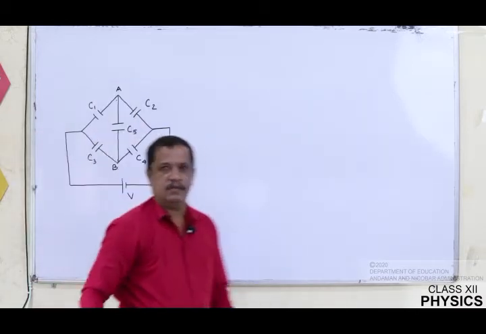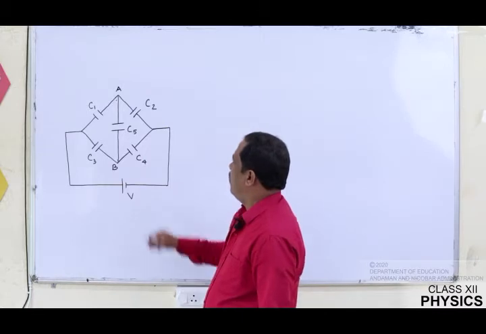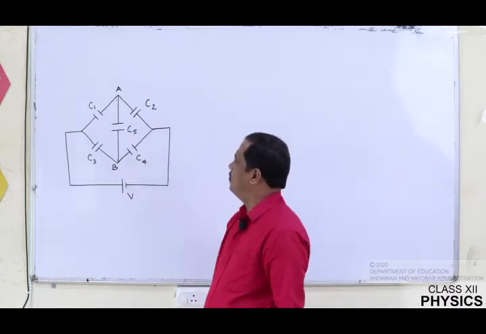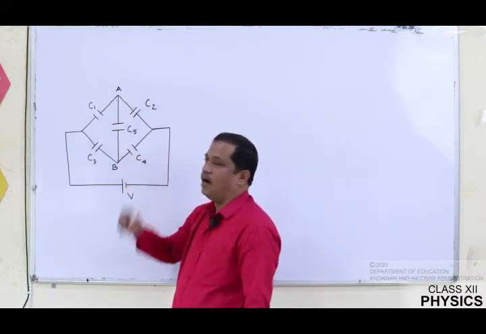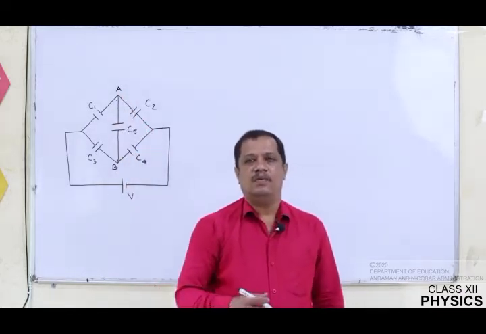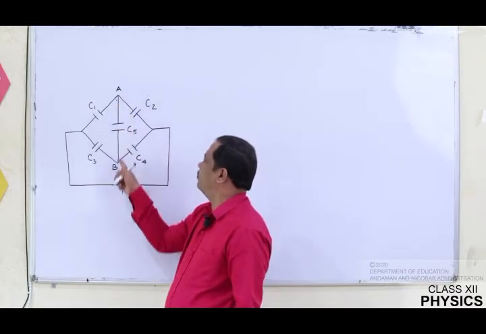Now the problem is that I have 5 capacitors connected in this fashion, and A and B are the 2 points.